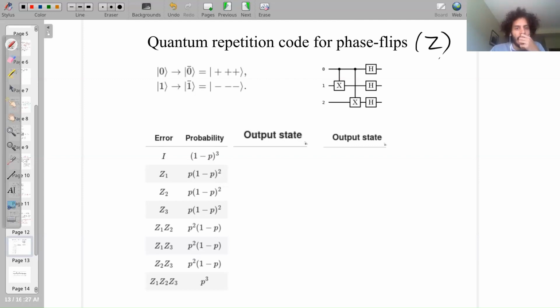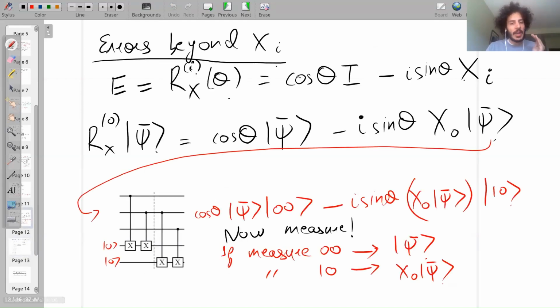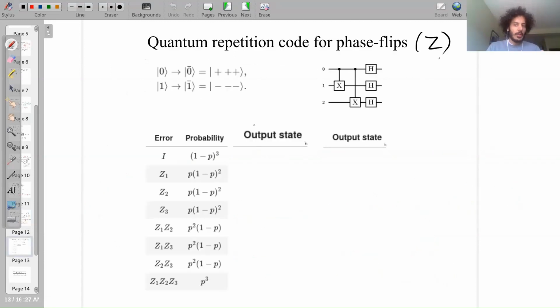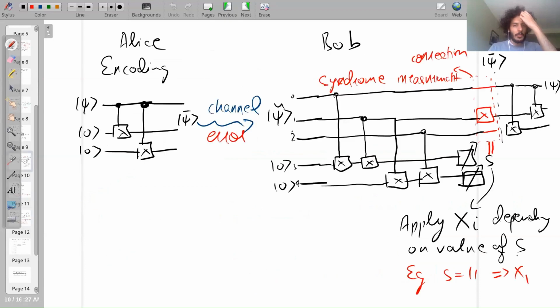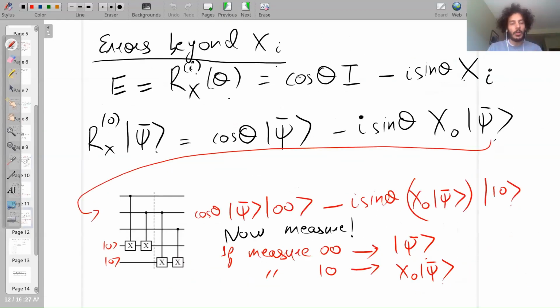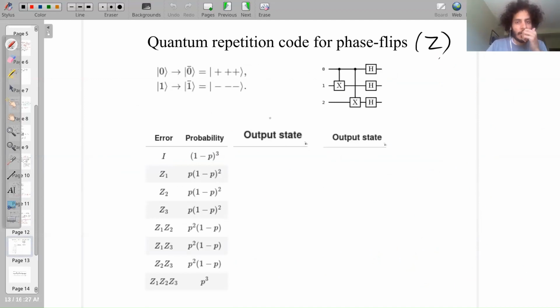We have constructed a code right now which corrects X errors, or superpositions of X errors, or X rotation errors. Now we want a code that only corrects phase flip errors. It doesn't correct X errors at all. There's an argument here as well for why this code doesn't correct Z errors, and it's in the notebook. I won't go over it right now. You should work through the notebooks.